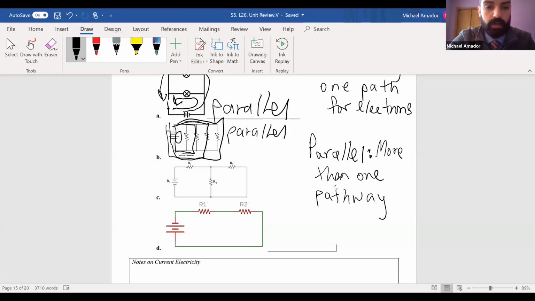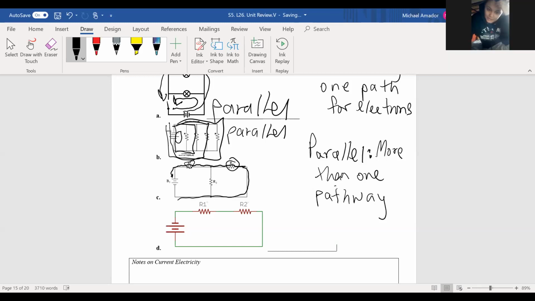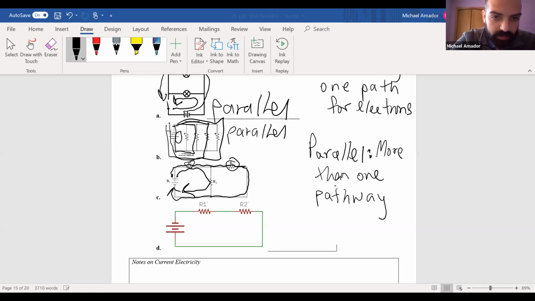All right, so let's go ahead and take a look. I'm going to start here at the battery. The electrons could go around, and they could go through resistor 1, and they could go through resistor 3, and then come back down. Or the electrons could pass through the smaller loop and then still come back to the battery.